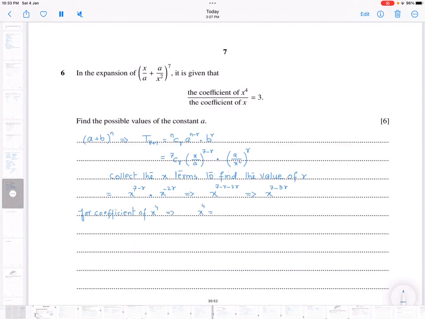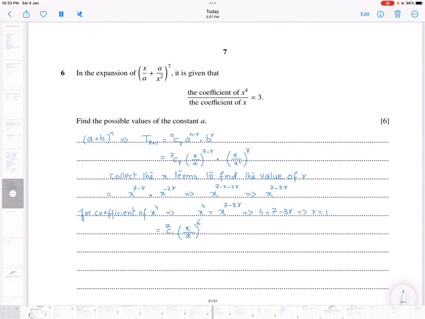So equate this with x power 4 to get the value of r. I can write x power 4 equals x power 7 minus 3r. Bases are the same on either side of the equal sign, so I can write 4 equals 7 minus 3r. From here I get the value of r, which is 1. Now I can use it back in the main equation to find the coefficient of x power 4.